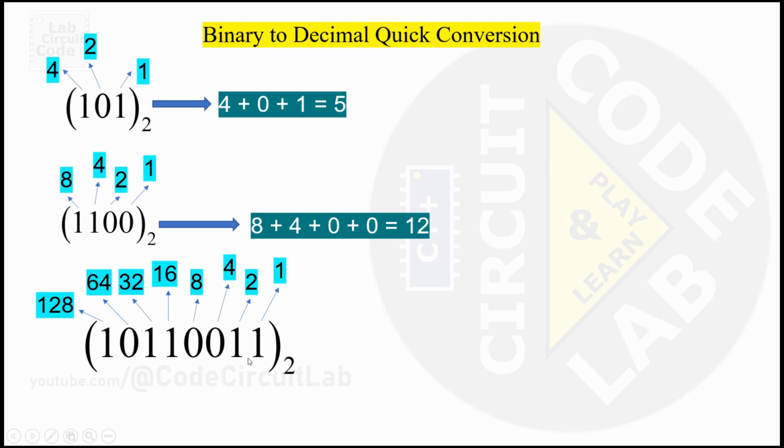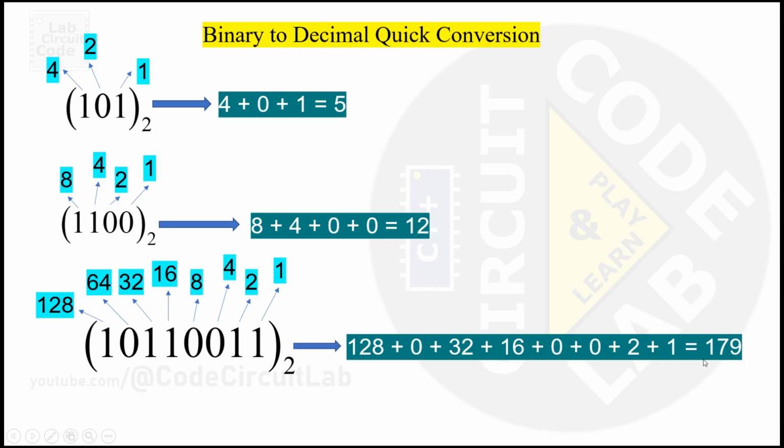Among these, we only add 1 plus 2 plus 16 plus 32 plus 128, and the result would be 179. This is how we quickly convert from binary to decimal.